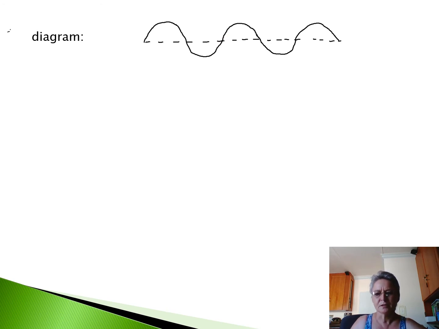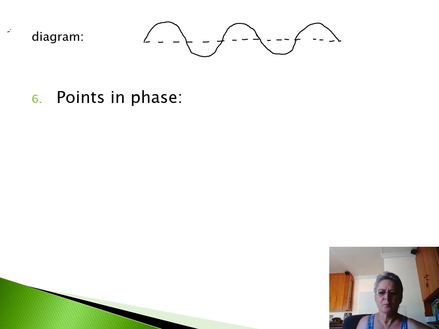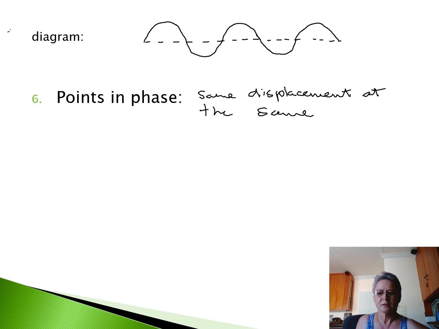Next, I'd like to discuss the concept of points in phase. What are points in phase? Points in phase will have the same displacement at the same time. So, if I look at that point there, it's stopped at its maximum disturbance.